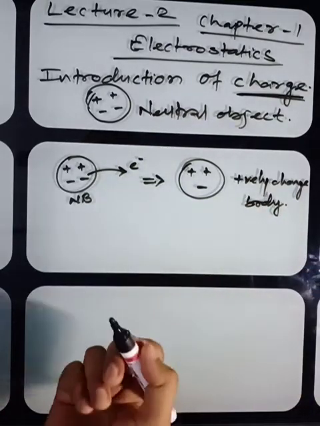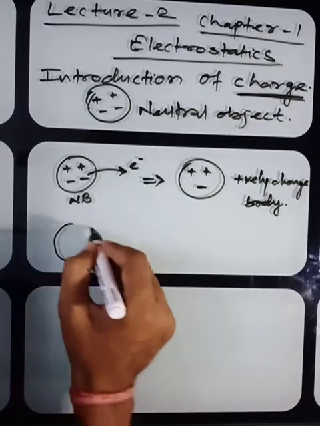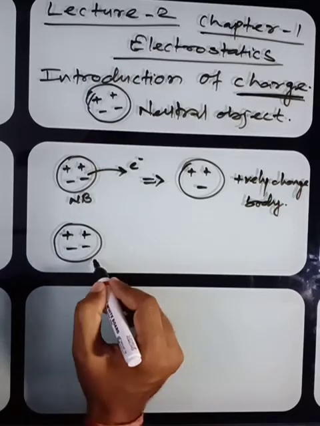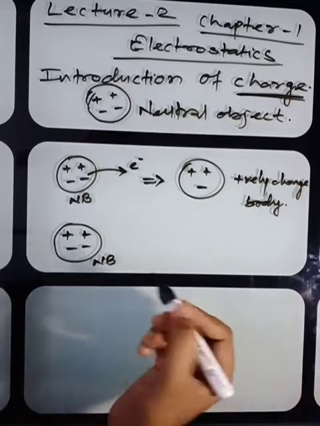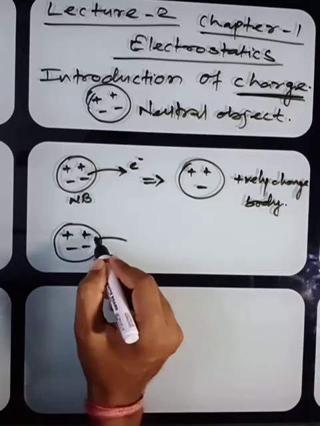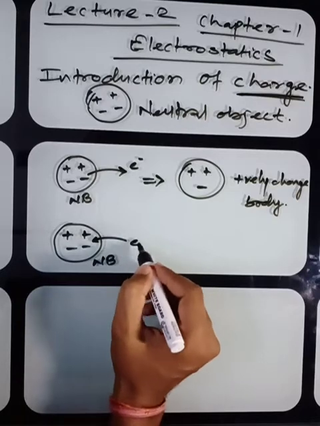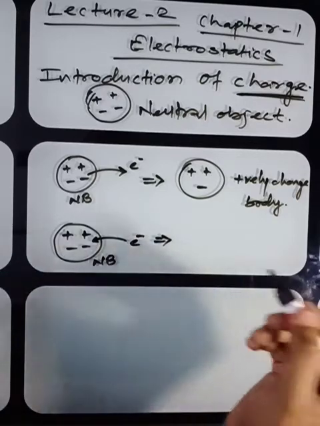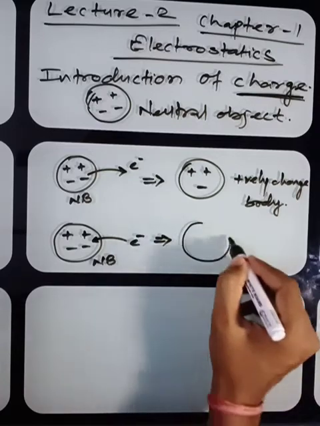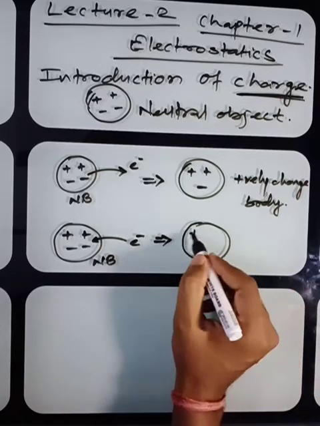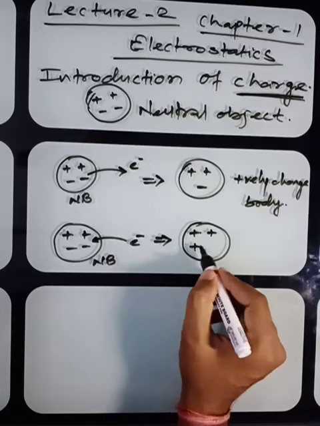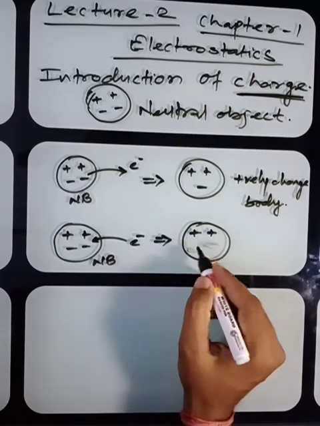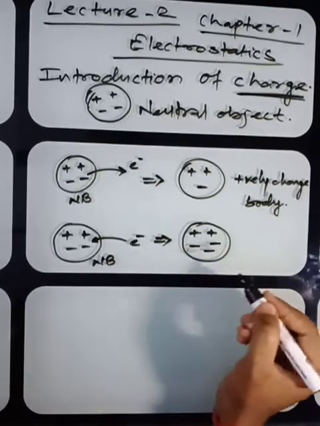Another example you can take, if you are having a neutral body again, and you add a negative charge, then what will happen? Now, this body will have excess of negative charge.